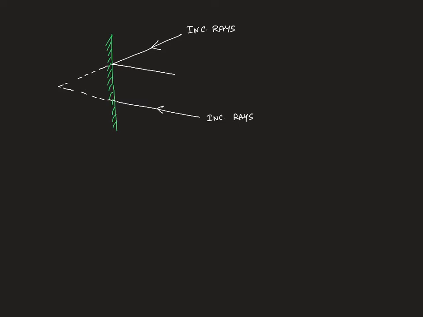And obeying the laws of reflection, they get reflected and meet at this point. So these are the reflected rays. The upper one also reflected. Okay. So here, which is the object and which is the image? Can you say? The point where the incident light rays meet is the object. So this is the object, O for object, and the point where the reflected light rays meet, that is the image, I for image.